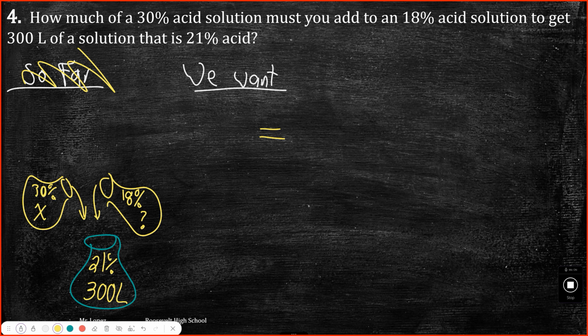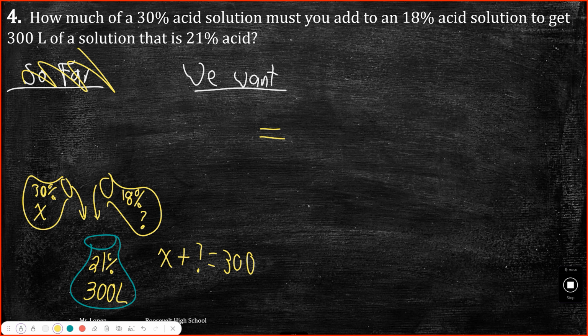So would you agree that this is true, before we do anything here? X amount plus this amount question mark is equal to 300? Yes or no? Whatever this amount is added to this amount makes 300, yes?